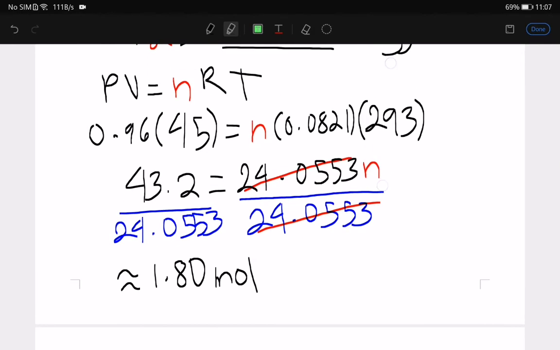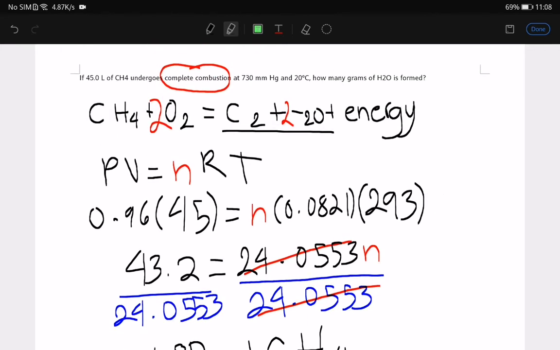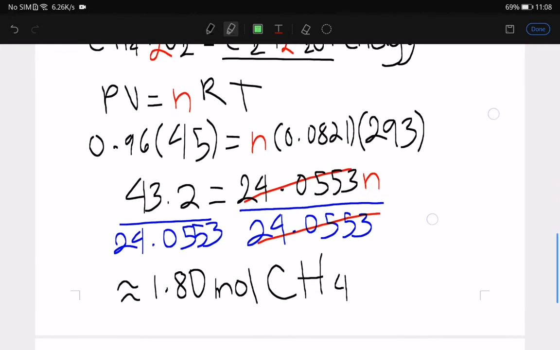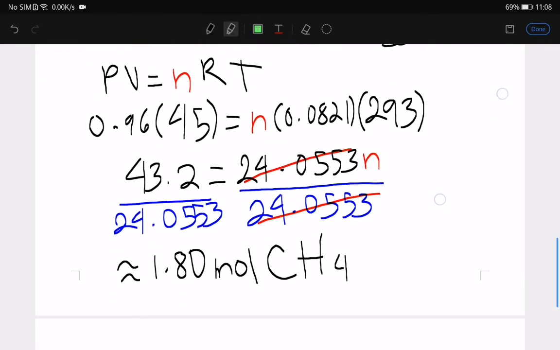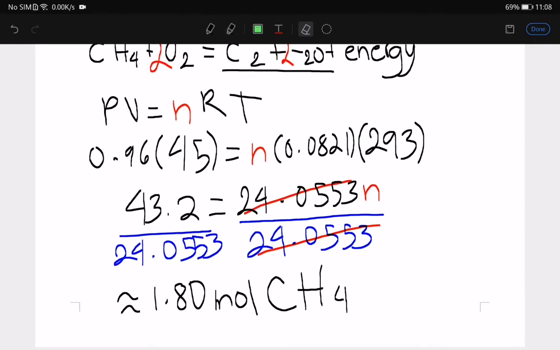Yes, it's methane. So we now have the number of moles, and then we can proceed with the other steps of the problem. So you've seen that. I can erase it now.